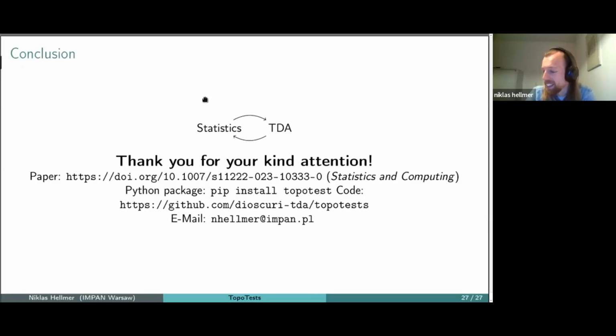Yeah, I mean, these are the kinds of questions which obviously arise with my thinking about that. I should say that I'm not a statistician, so I'm coming to this from a topological perspective very much.